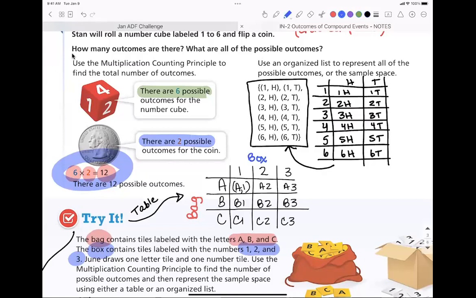Create a table, and then from the table, create a list, and that means fancy brackets, parentheses, and commas. Create a list from that table. Remember, when you hear create a list, you need to do fancy brackets, parentheses, and commas.